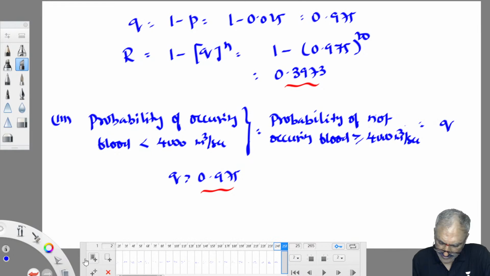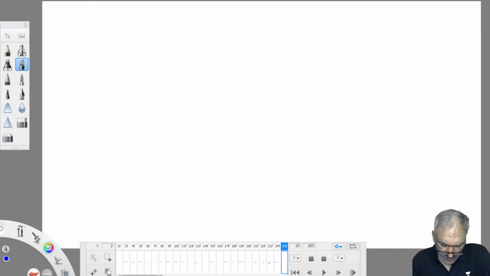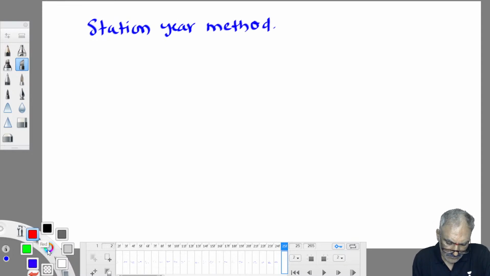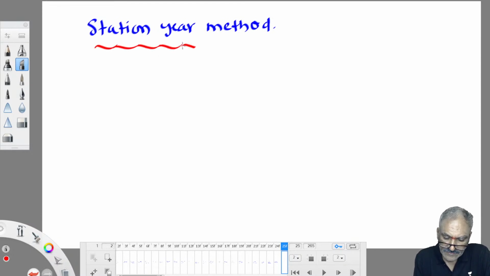Then a little more I need to add here. One more small concept is there: the stationary method. This is a procedure we use to find out high frequency events.